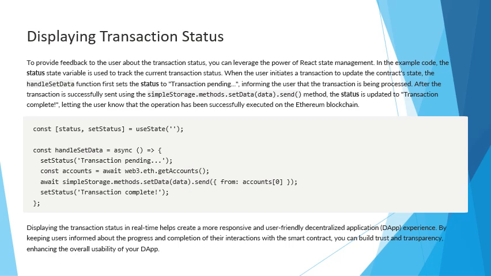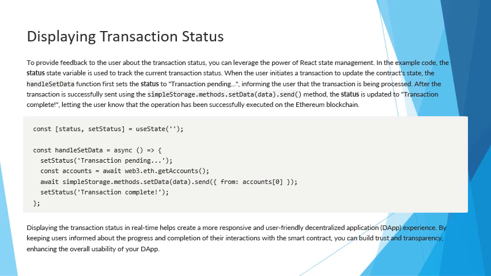To provide feedback to the user about the transaction status, you can leverage the power of React State Management. In this code, the status state variable is used to track the correct transaction status. When the user initiates a transaction to update the contract state, the handleSetData function first sets the status to transaction pending, informing the user that the transaction is being processed.